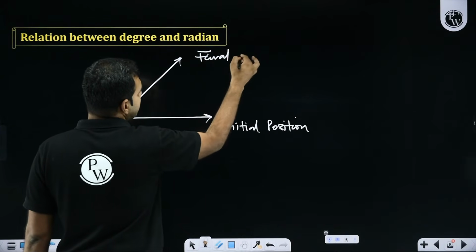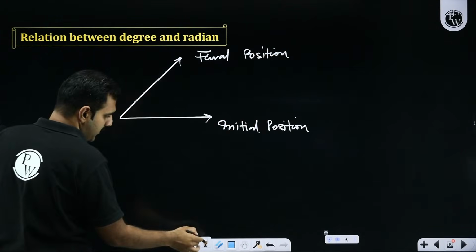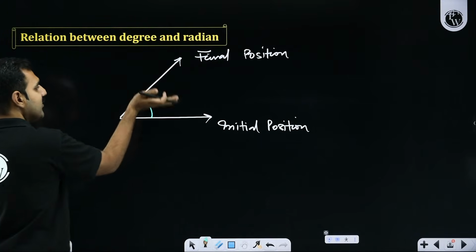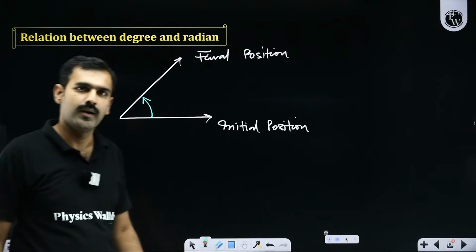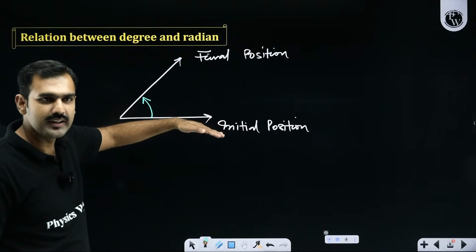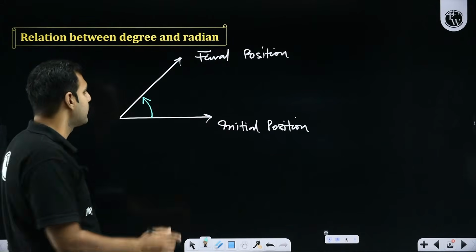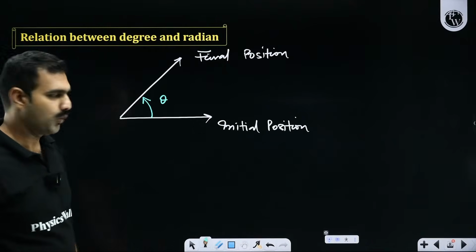So sir, what is technically an angle? Angle is basically measurement of inclination of a line with respect to other line. So if I have a line in its initial position like this, I rotate it by certain degrees, let's say theta, in anti-clockwise direction.